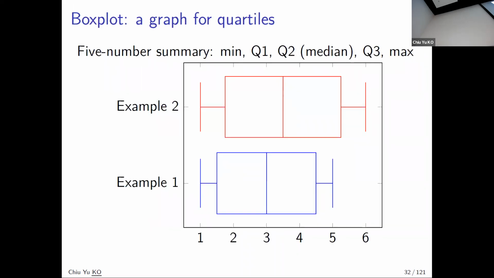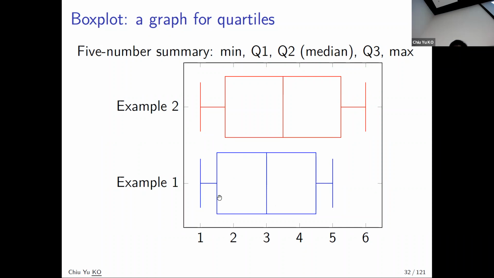So before we proceed, I want to mention one chart that is called a box plot. This is something you may not have learned before, but it's useful to look at the range, interquartile range, median, and quantiles. Look at this example here. Example 1 is 1, 2, 3, 4, 5, where 1 is the minimum and 5 is the maximum.